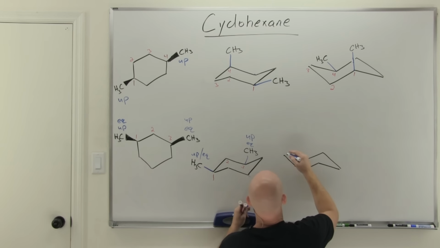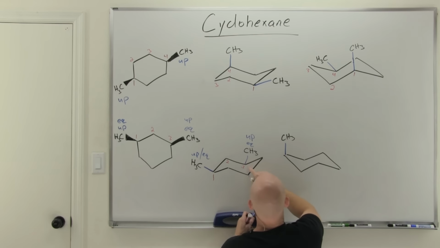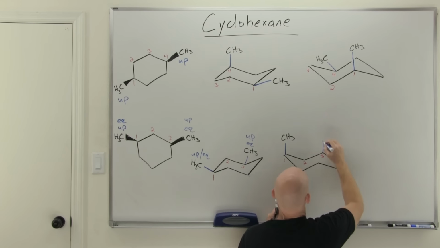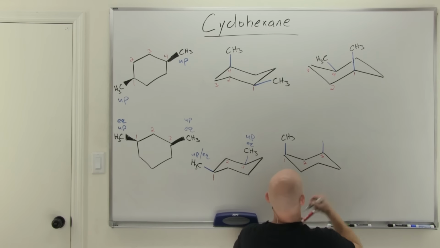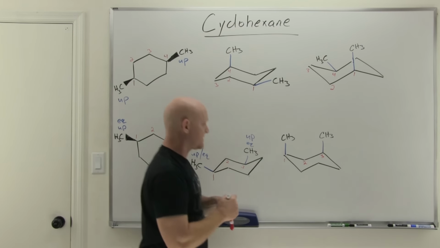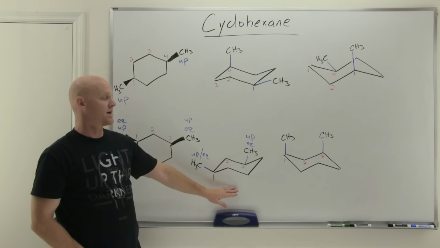But now that equatorial that pointed up is now going to be an axial that points up. Same thing here, this on carbon 3 here. It used to be an equatorial that pointed up. It's now going to be an axial that points straight up. And so in this case, they're both axial. And so the one on the left here is more stable by far.